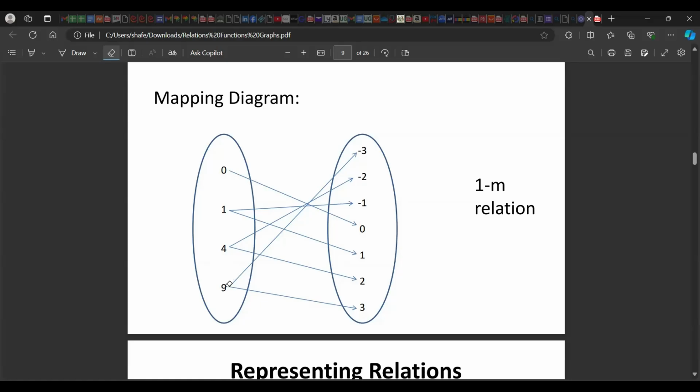Same thing with the 9. So that's why they call it one to many, right? Because this one is going to more than one over here. Similarly with the 4, 2 arrows leaving it. So we say 1 going to many. So it's a one to many relation.